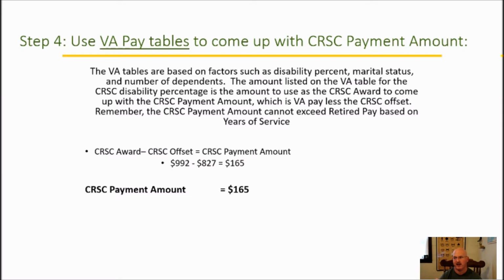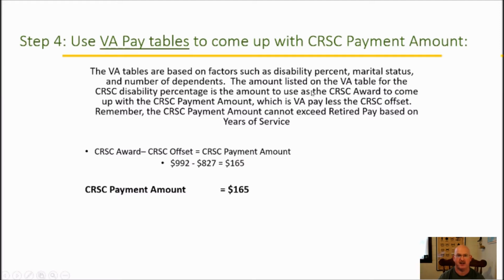I know I'm going fast, but like I said, if you look in the show notes, you'll get to see this presentation. So 992 minus 827 is $165. That is what he will actually receive as a CRSC payment amount, not the full 992.